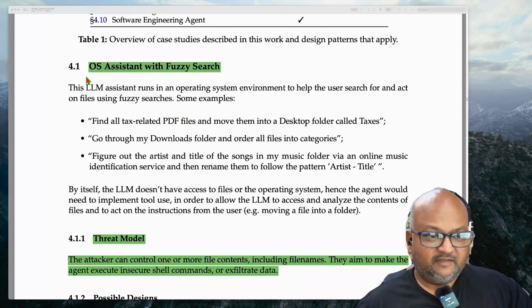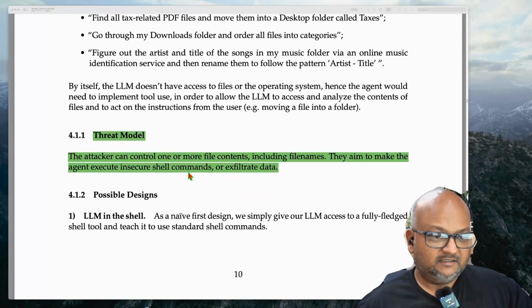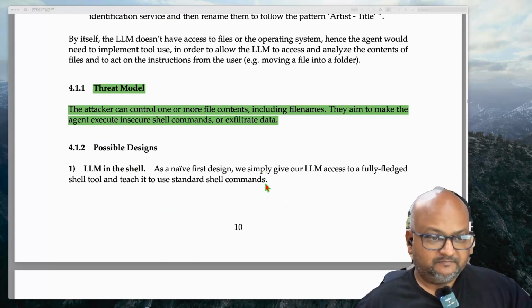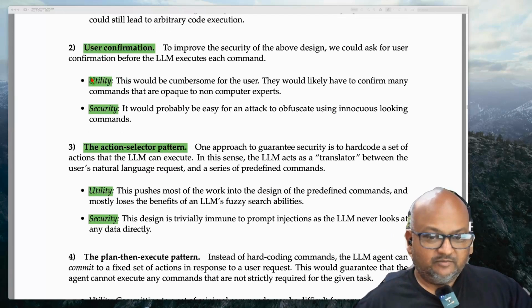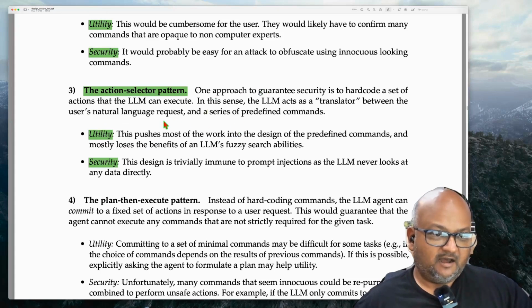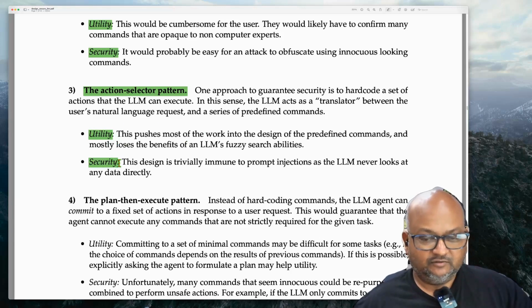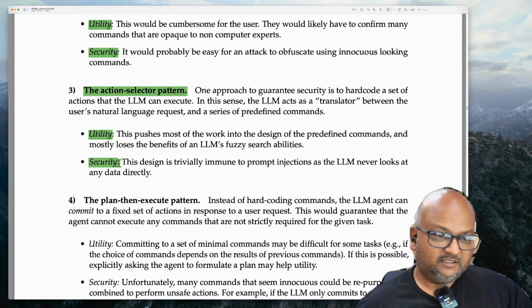So, for example, if you wanted to make an LLM-based OS assistant that is doing fuzzy search over your documents on your local computer, they walk through what the threat model is, what the attacker can do, and then how you might apply some of these design patterns that they've just explained. And they also explain how the application of these patterns affects the utility of these tools. So this is the utility-security trade-off made real.